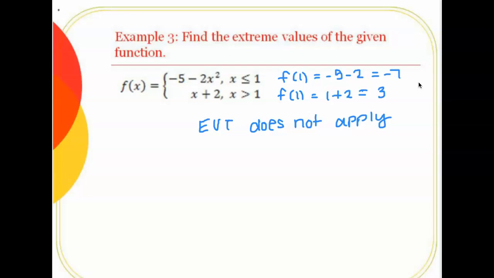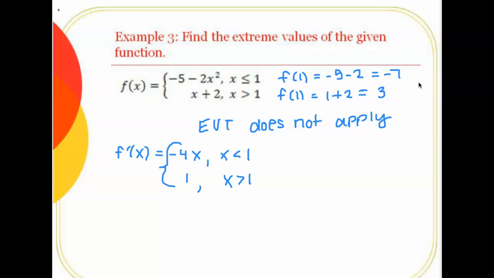So if you were to find your critical points, they would be for x values less than 1, but not equal to. And then the derivative of x is 1.